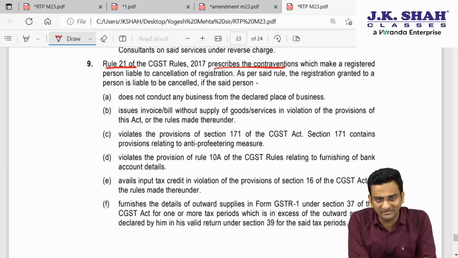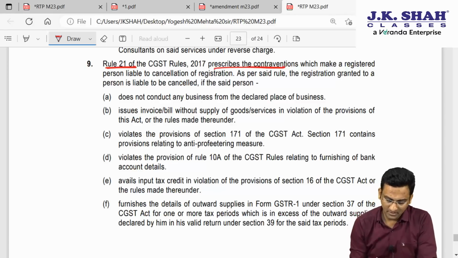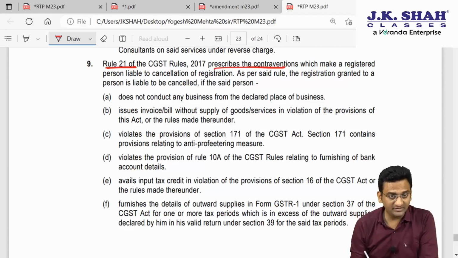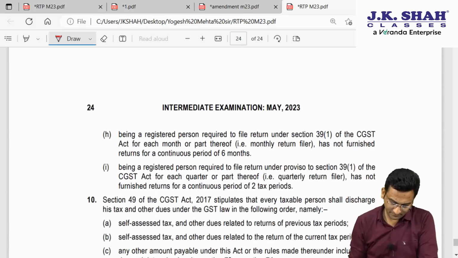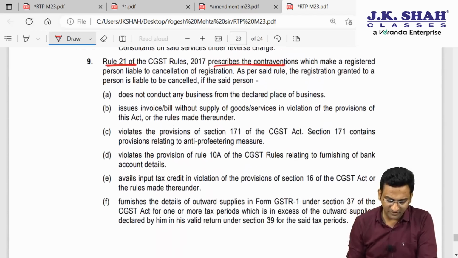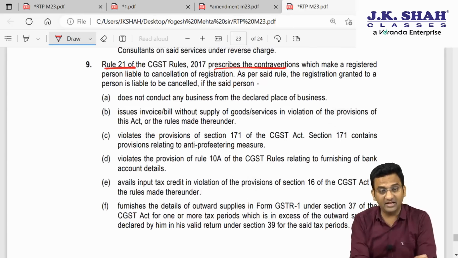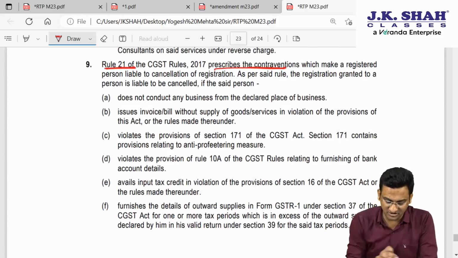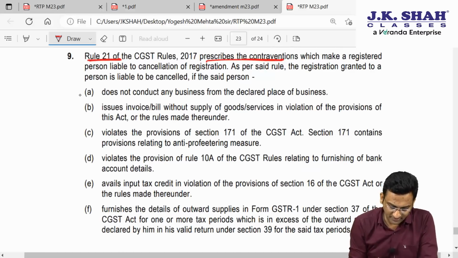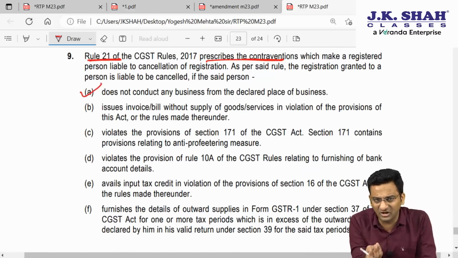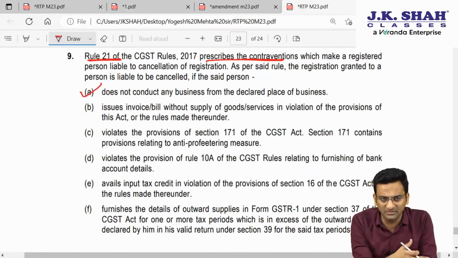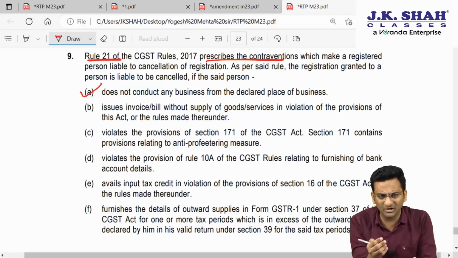Correct, friends? And let's read the contraventions directly. In the following cases, from A to I, if any of these provisions are contravened, then the person is liable for deregistration. Now there is nothing new in this question, friends. This is a simple theory question. We have done this in the classroom.